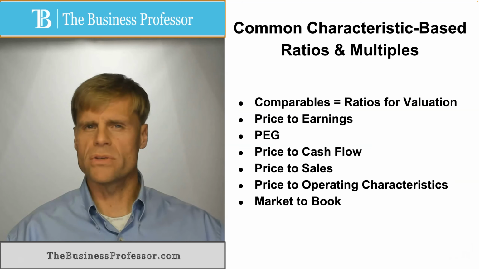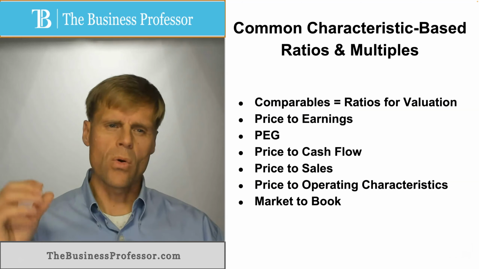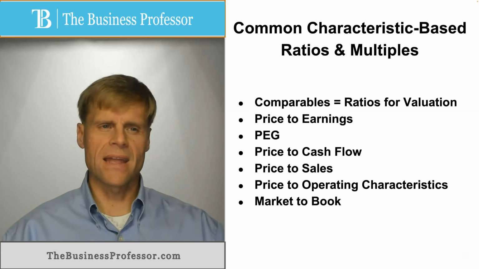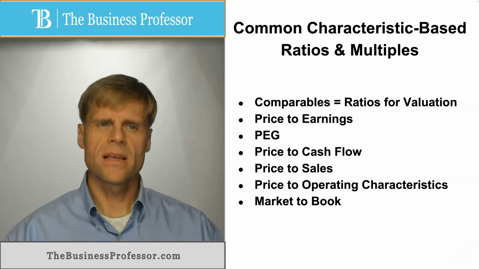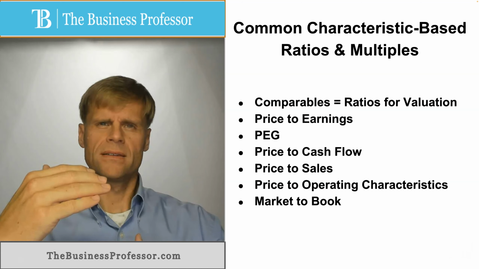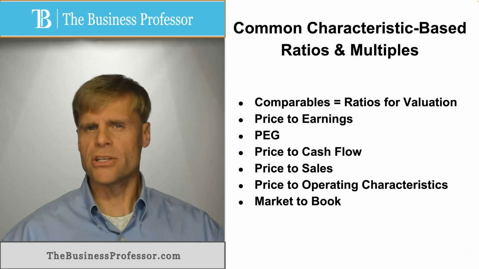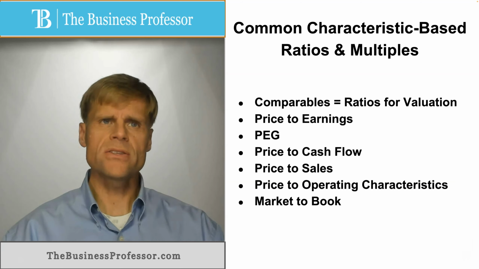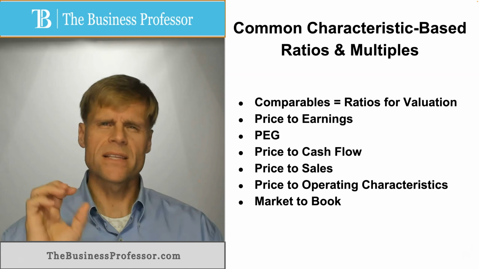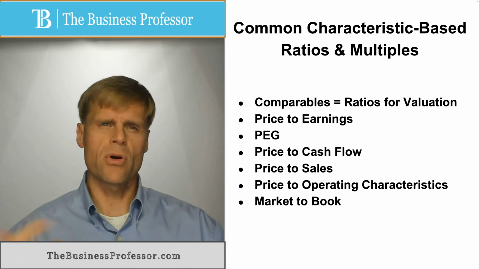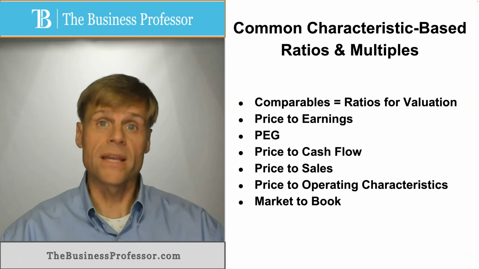You're going to look more closely to deal transactions or industry multiples that typify or characterize operational characteristics of a business in that industry. So these are some common characteristics-based ratios and how they're used as part of valuation using market comparables.